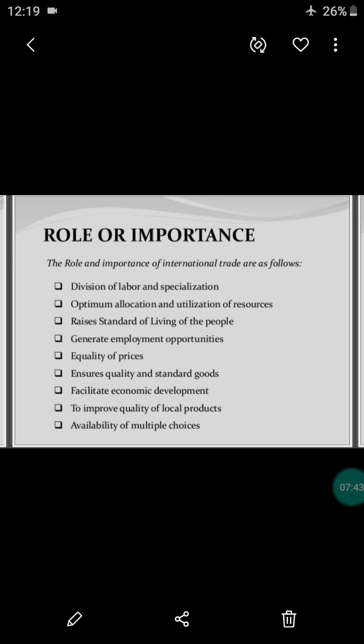So in order to make optimum utilization of the natural resources, we can take help of laborers from abroad, from outside our country, and make proper utilization of the available natural resources.